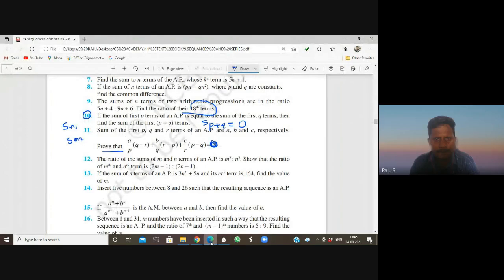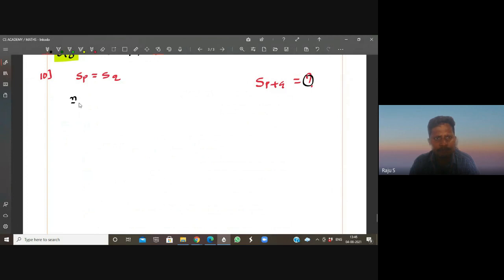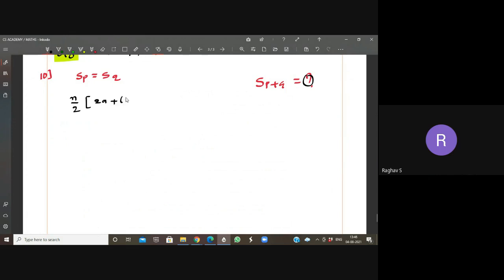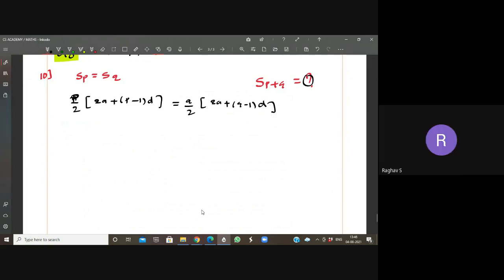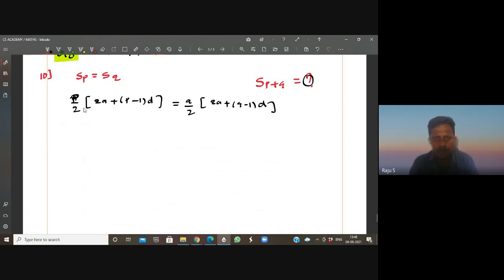So here, what is SP? We need to write n by 2 into 2a plus n minus 1 into d. So SP is p by 2 of 2a plus p minus 1 into d, which should equal q by 2 of 2a plus q minus 1 into d. The 2s cancel.